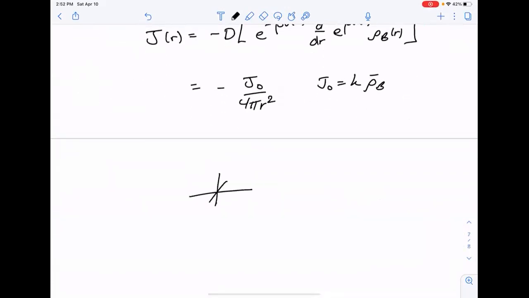So we have spherical shells for which, when averaged over or integrated over the full shell, the flux is constant. Locally, that flux is J naught.